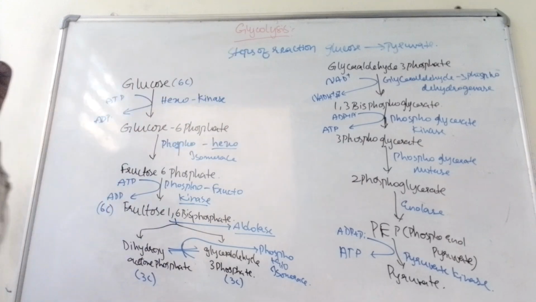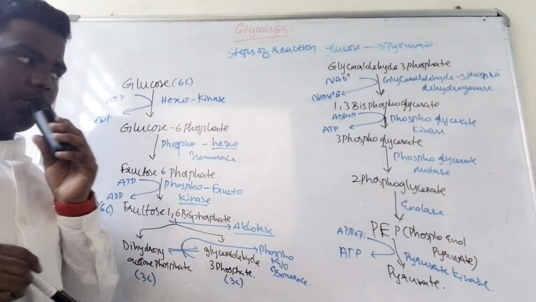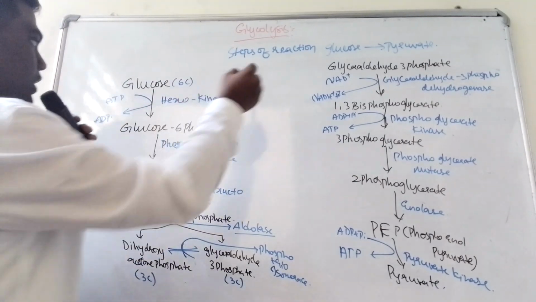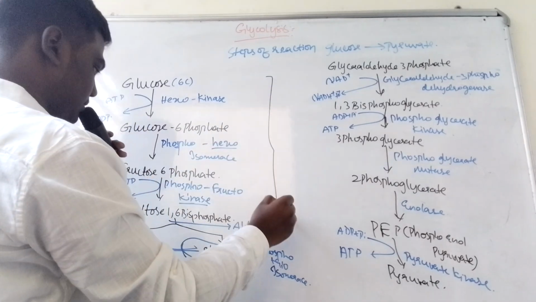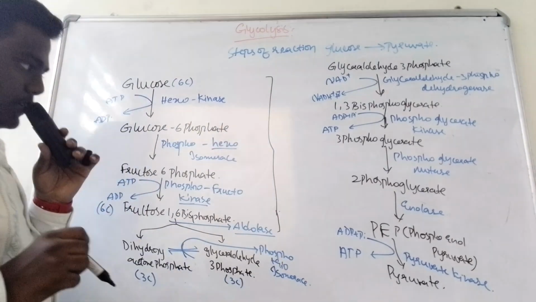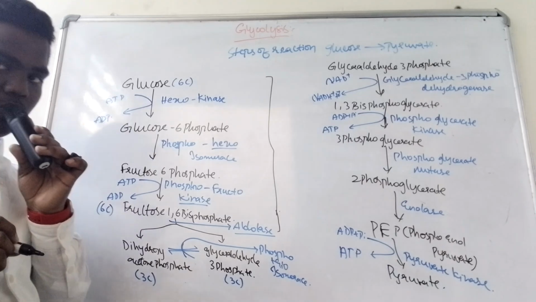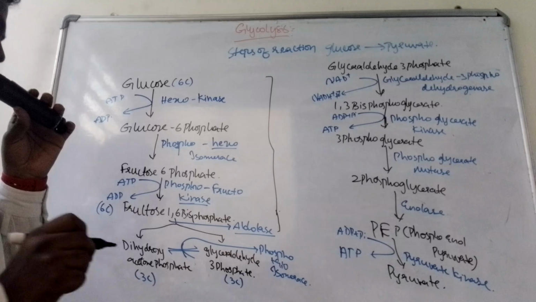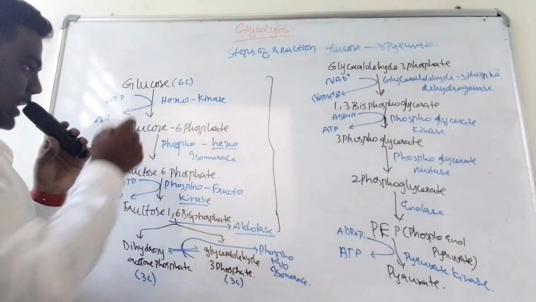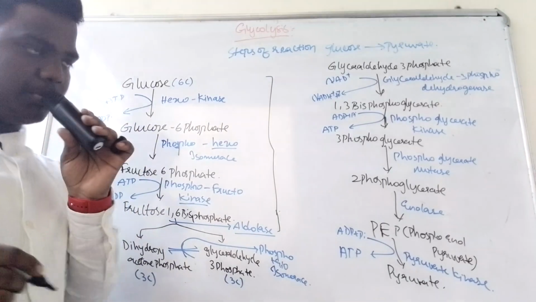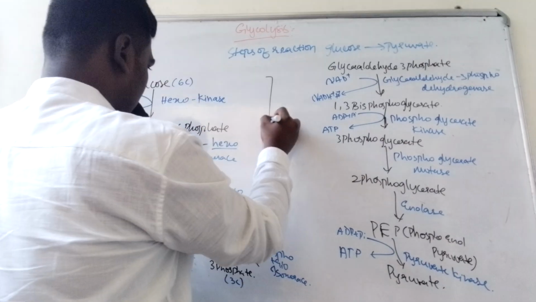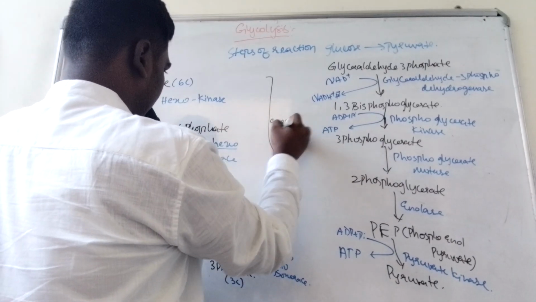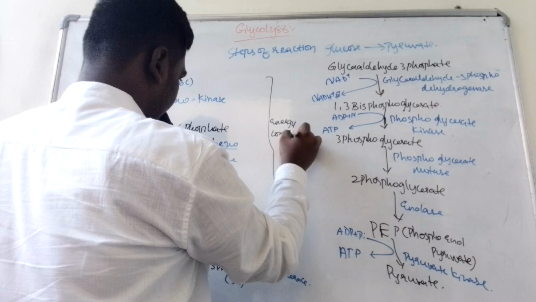Okay? Now, one last point I wanted to add. From here till fructose 1,6-bisphosphate, from your glucose to fructose 1,6-bisphosphate, here there is utilization of energy in the form of ATP. So these steps are studied under the side heading energy consumption steps.